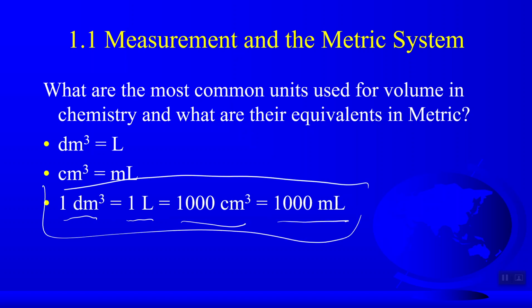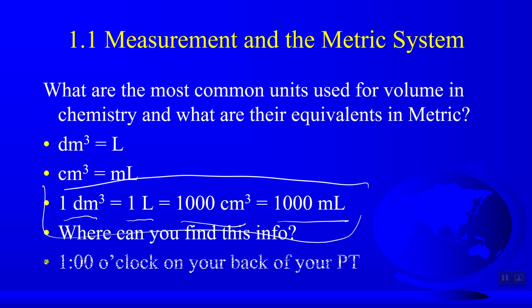But your teacher will also give you a periodic table, and on the back of the periodic table, if you were to treat it like a clock, at about 1 o'clock you would see this relationship. It's a very important relationship.